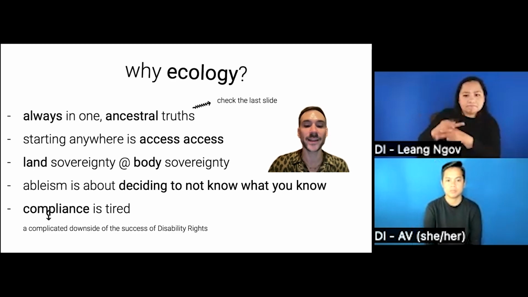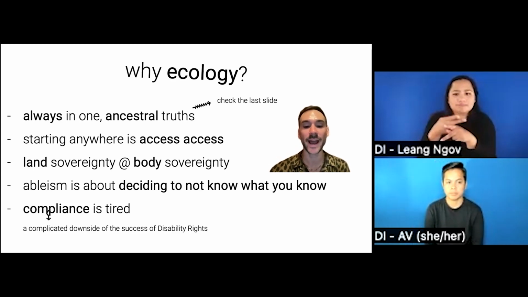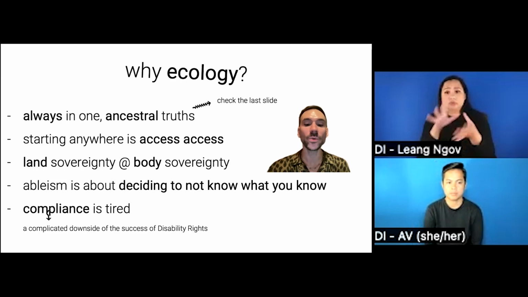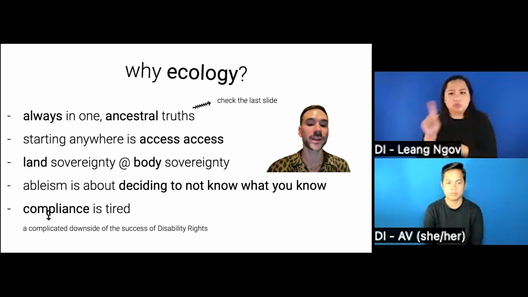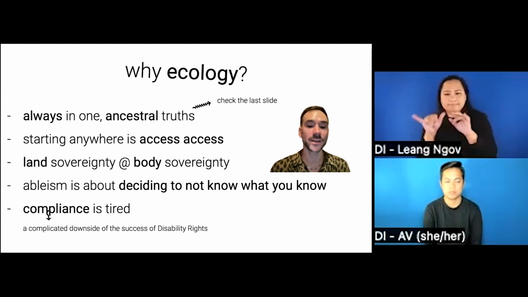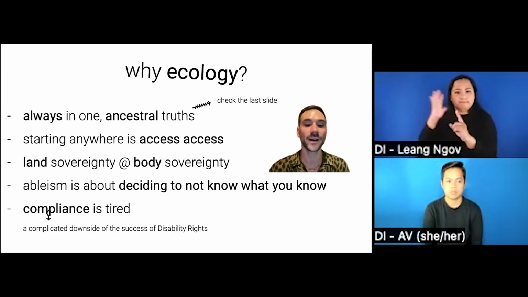This means that if we want to study an access ecology, we can start anywhere. In the oldest senses of the word ecology, the ology has meant a kind of study.